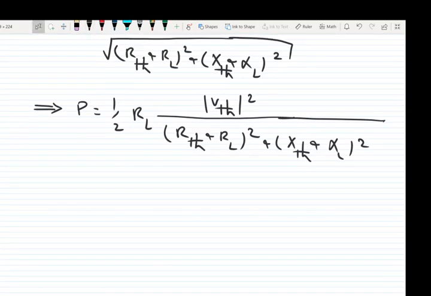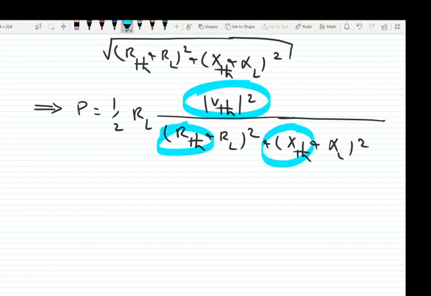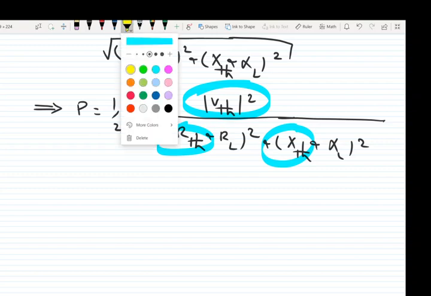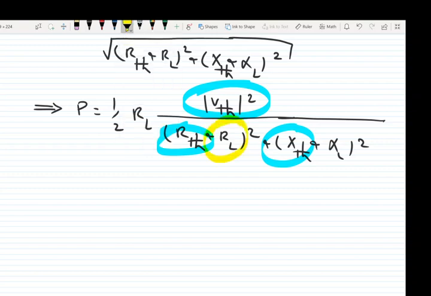Here we know that the values V Thevenin, R Thevenin and X Thevenin are fixed. We want to select RL and XL to maximize the power.